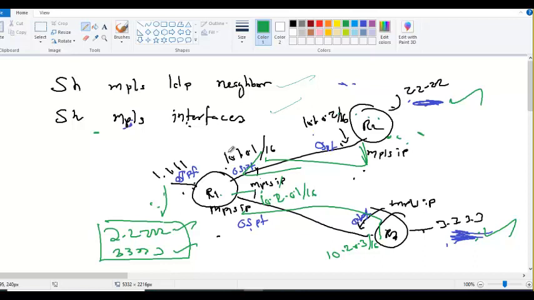But when we do advanced MPLS, only a link state routing protocol is recommended. OSPF or IS-IS, both are link state routing protocols. Any other question? So use only OSPF, please, all of you.